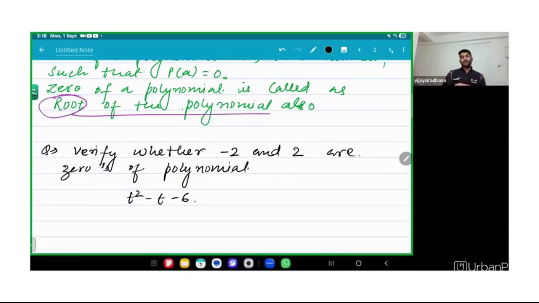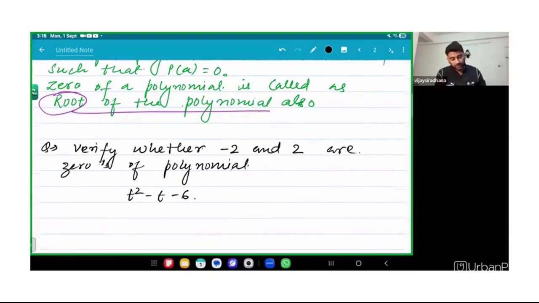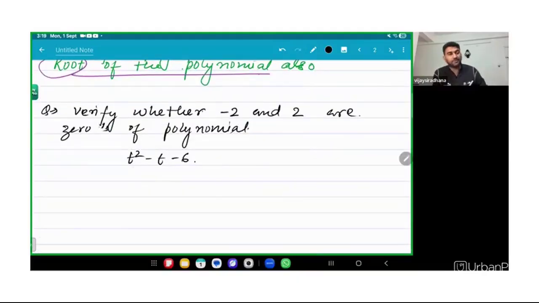We should verify whether they are zeros or not. So for that, what are we going to do? We need to equate this polynomial with 0 and in the place of t, we should put -2. Let's try with -2 first.